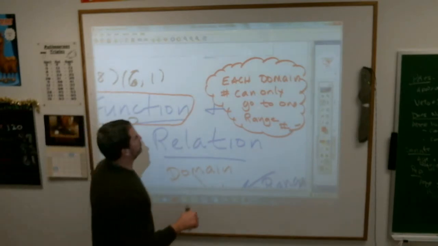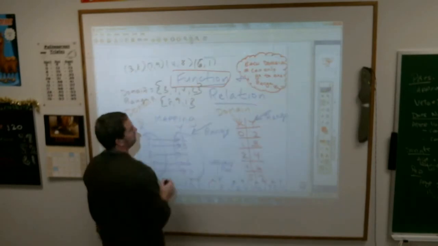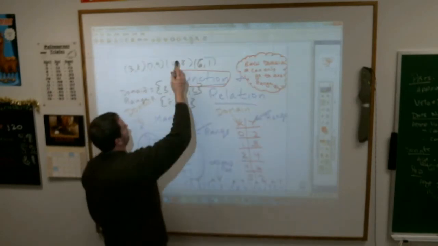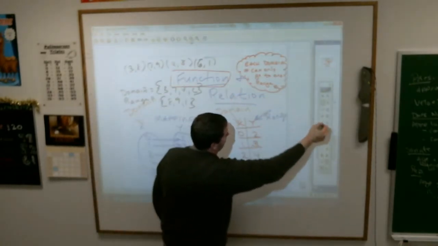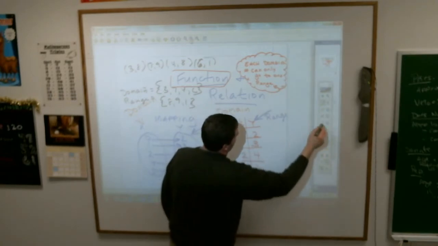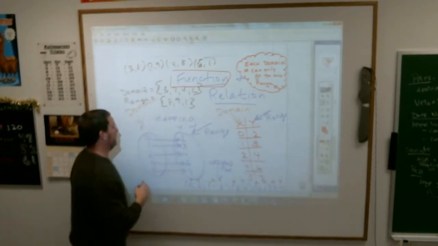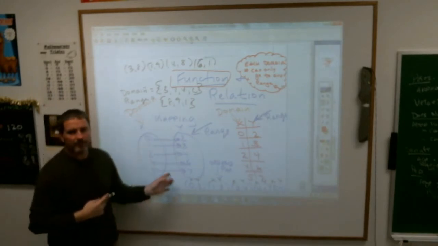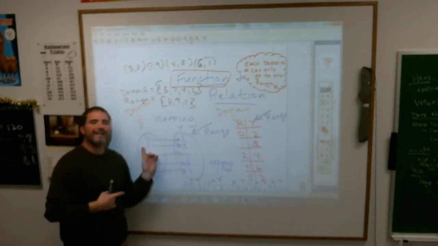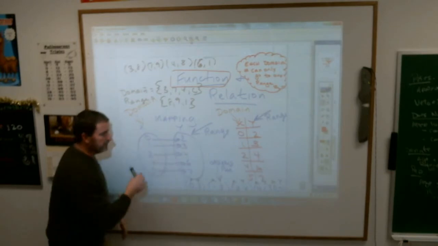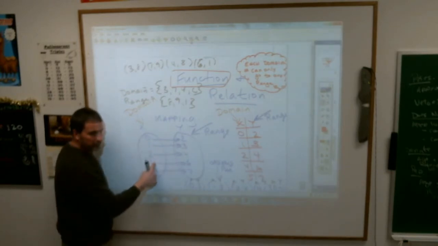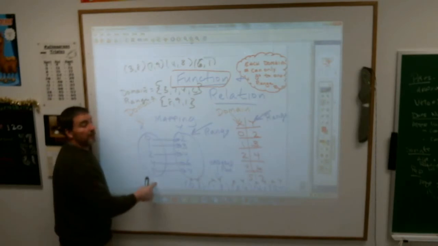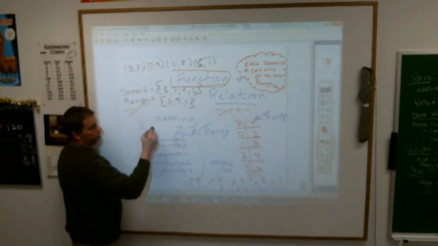So the question you ask yourself: you look simply and only at the domain numbers, and off of each domain number, there can only be one arrow coming off of each one. Is there only one coming off of each one? Yes, yes, yes. So this is a function because there's only one.